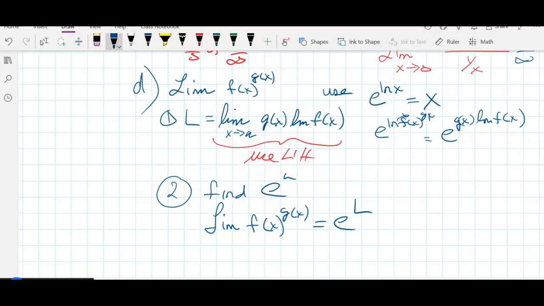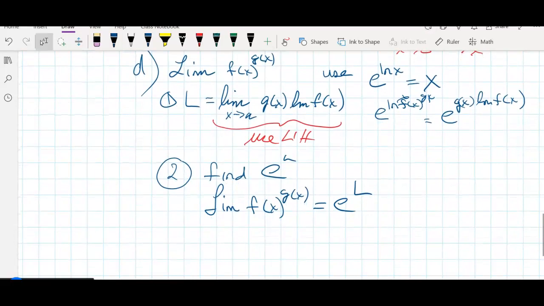Okay, these are the problems we just did, and you do have one of them on the lab. Since we just did this, we did a couple examples. Should we try another one? You want to do one example of these? Okay. Let me find one. Limit of f of x to the g of x.